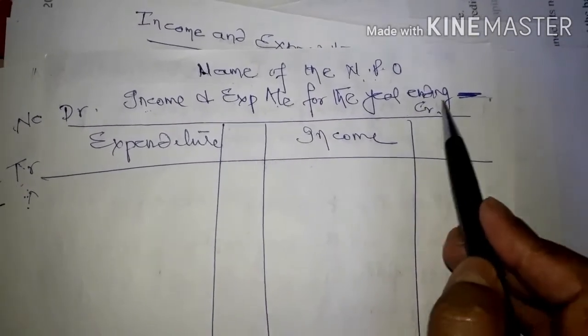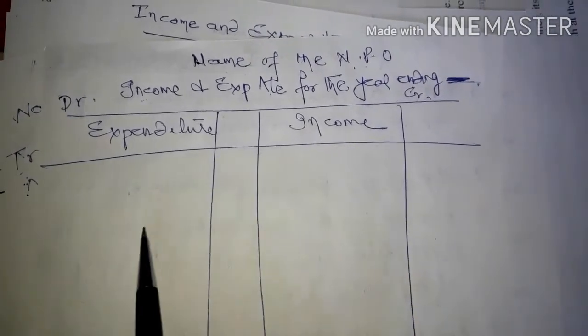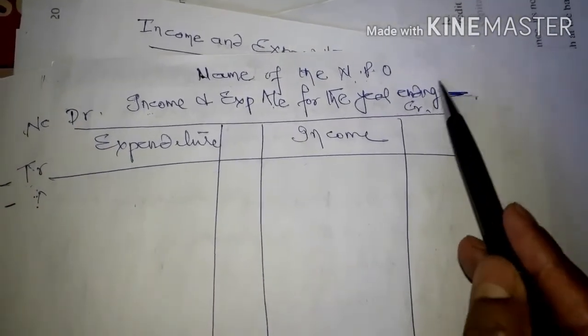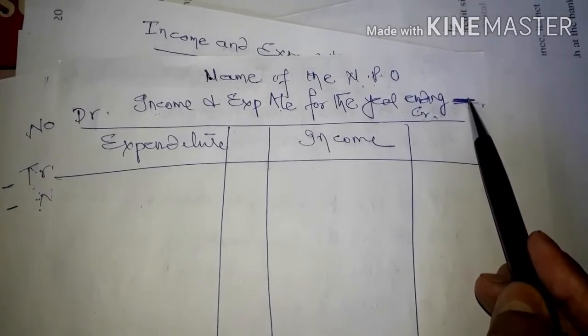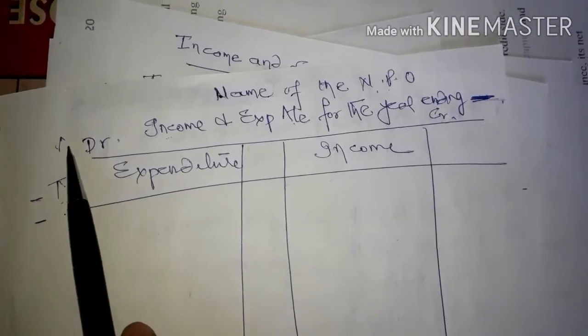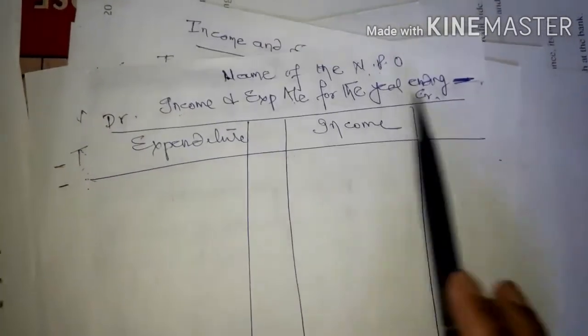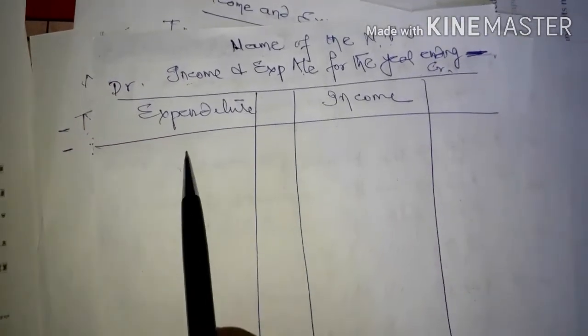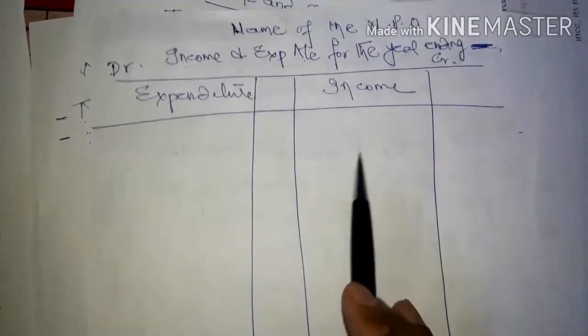We have to keep in mind this current year because we have to include all the expenditures and income concerning this current year, may be outstanding or received in advance. Like any other account, income and expenditure account has two sides, debit and credit. Debit side represents the expenditure, credit side represents the income.